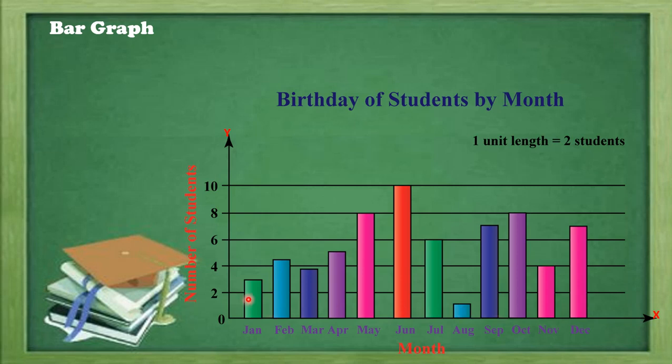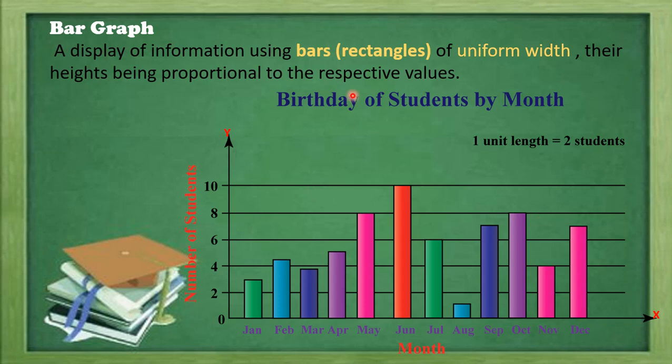So how many students have their birthdays in a particular month, this graph shows. This is the bar graph, where information is shown using bars, or we can say rectangles of uniform width and their height being proportional to the respective values on the y-axis, that means the number of students.